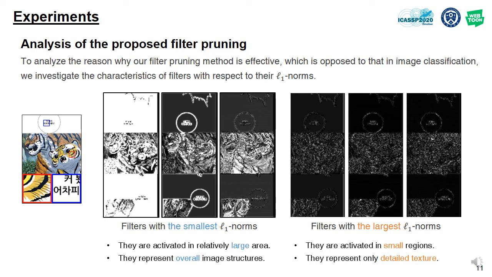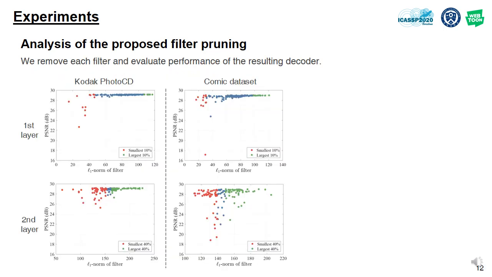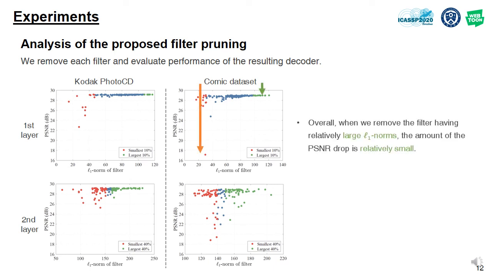To verify the inference, we remove each filter of decoder and then evaluate performance of the resulting decoders. This figure shows the results for both datasets. Overall, when we remove the filter having relatively large error norms, the amount of the PSNR drop is relatively small.